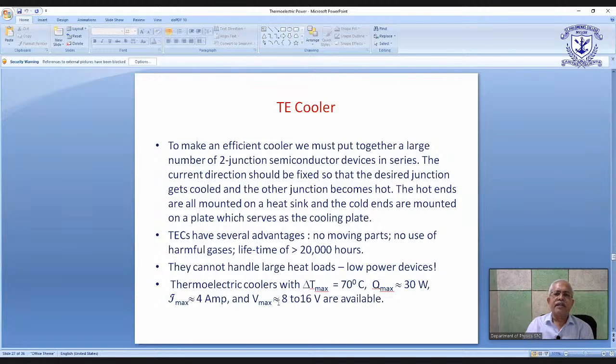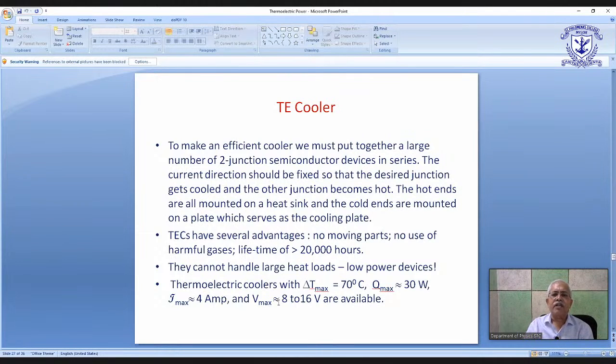If you want to make a practical TE cooler, one pair of junctions is not enough. Many such junctions may have to be pasted to metal blocks: the hot end of the junction, all the hot junctions, to one metal block, and all the cold junctions to another metal block.